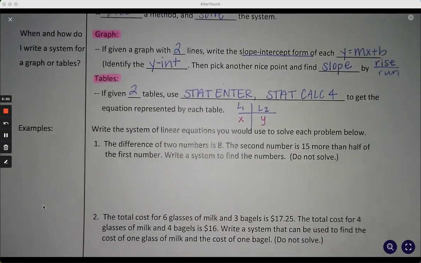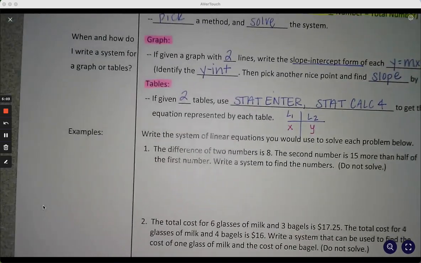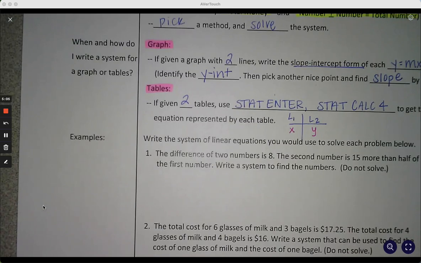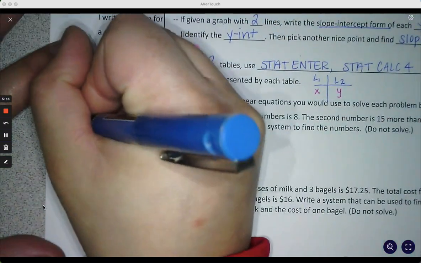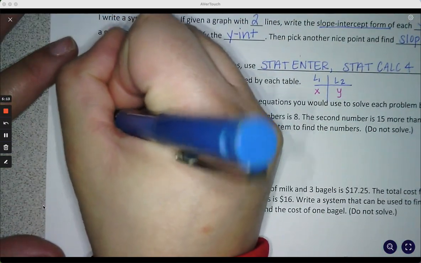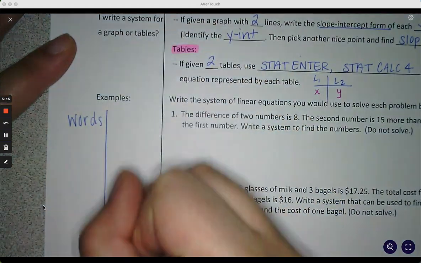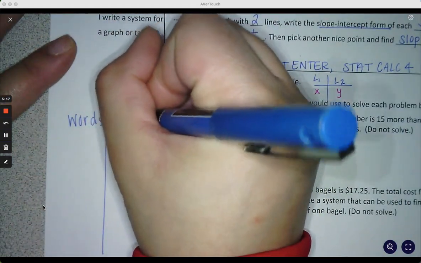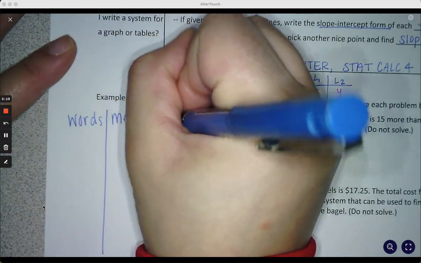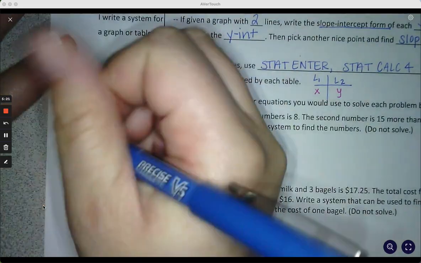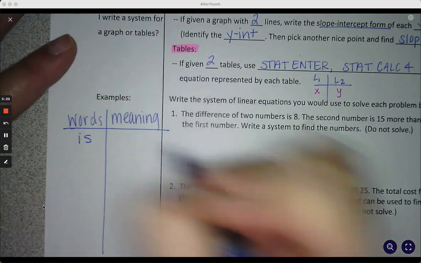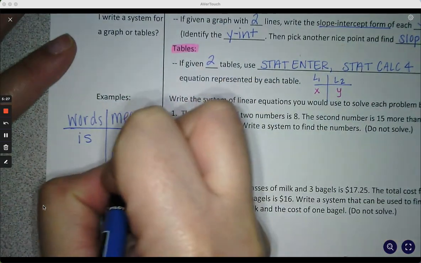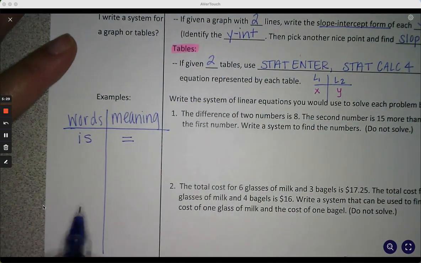So moving on to examples. Okay, before we move on to these story problems, there's a couple of words that are important to know what they mean in terms of a story problem. Okay, so we have words and meaning. Okay, so we might see the word is. Whenever I see the word is, always means equal.